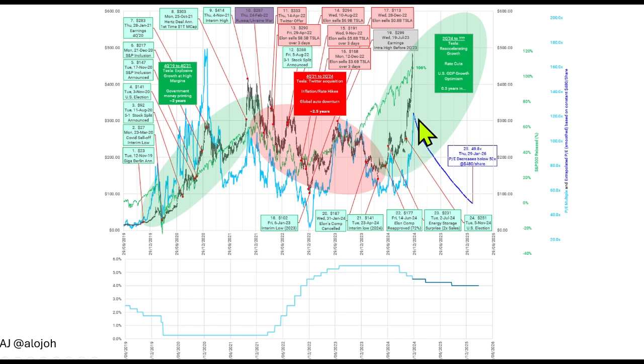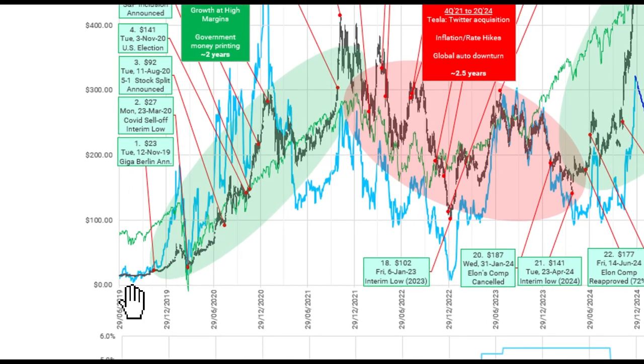And this is where we should talk about sort of the past. When we now go over here, this starts middle of 2019, and you see how the Tesla share price increased and then dropped massively. You look at the green line and you see the drop was caused by a market-wide crash. This was the COVID crash.